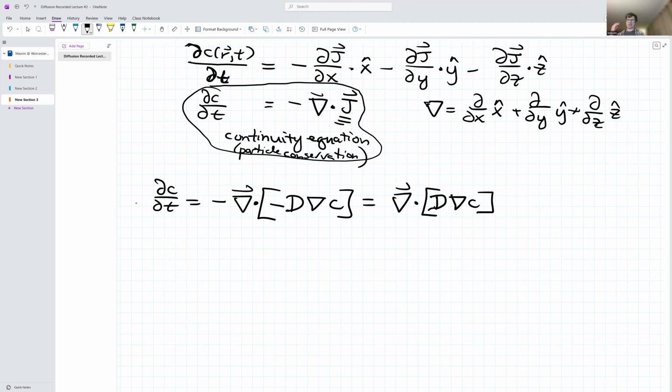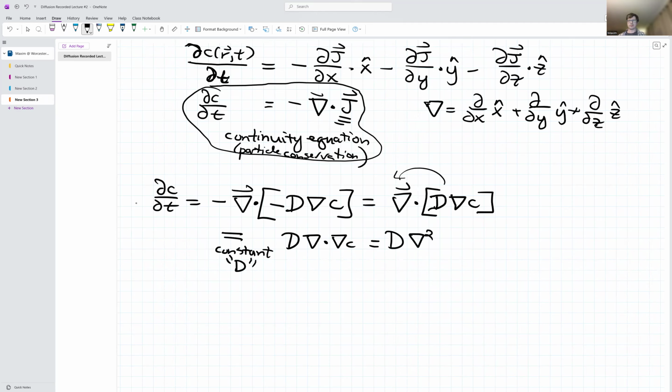And if D does not depend on space, if it's just a constant, so for constant D, the D can come out and you're just left with the divergence of the gradient. This has another special name, which is called the Laplacian. It's like a second derivative.